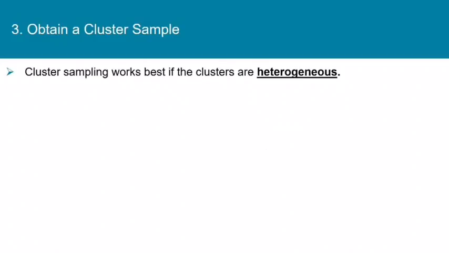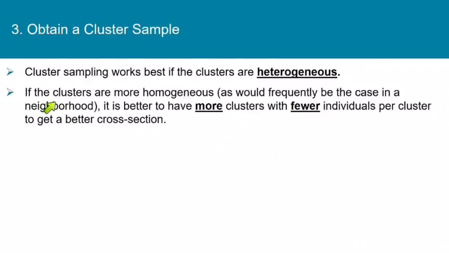Okay, here's just a little more information about cluster sampling. Cluster sampling works best if the clusters are heterogeneous. Therefore, if the clusters are a little more homogeneous, as would be the case in a neighborhood, because let's face it, a lot of times people who are similar to each other live in the same neighborhood.